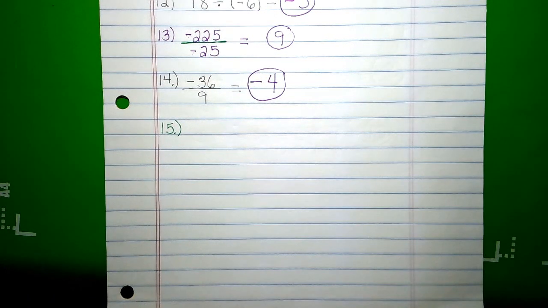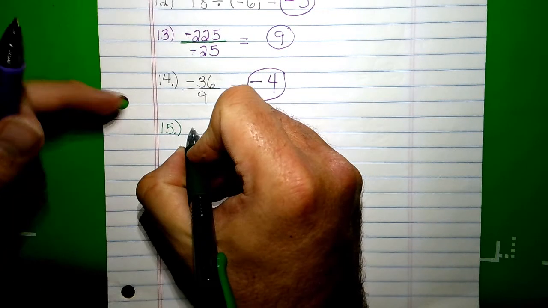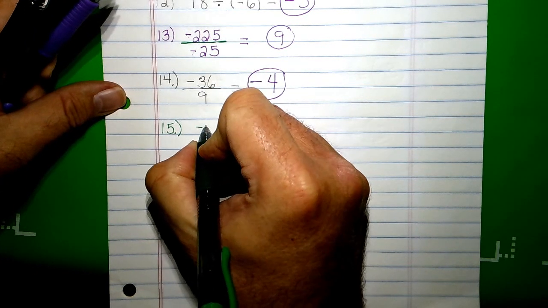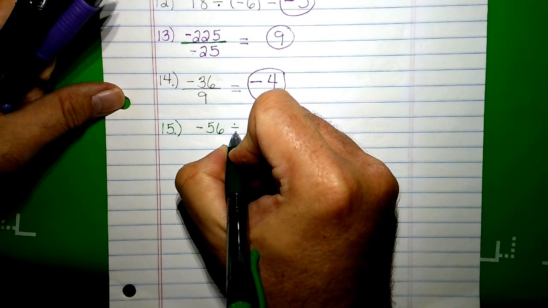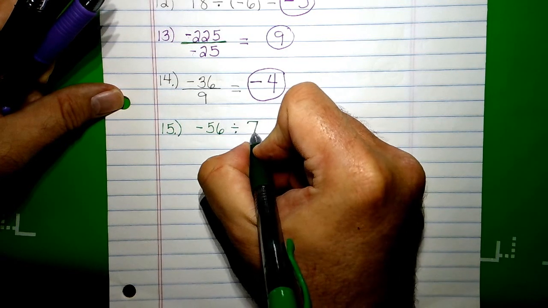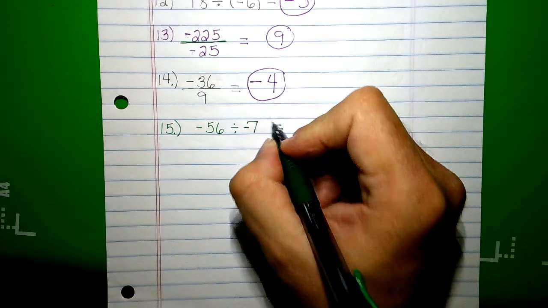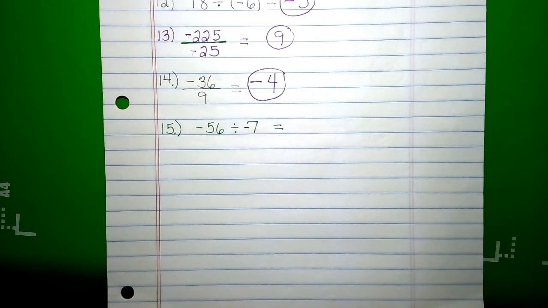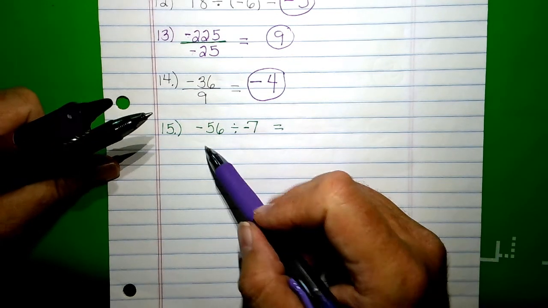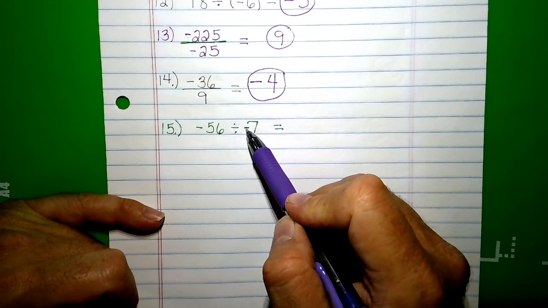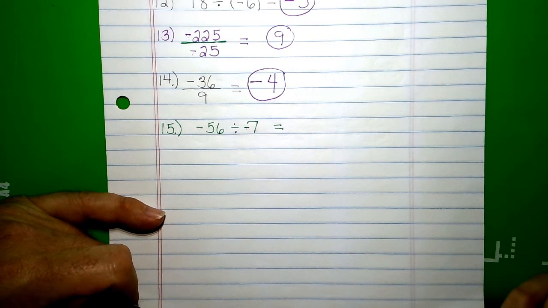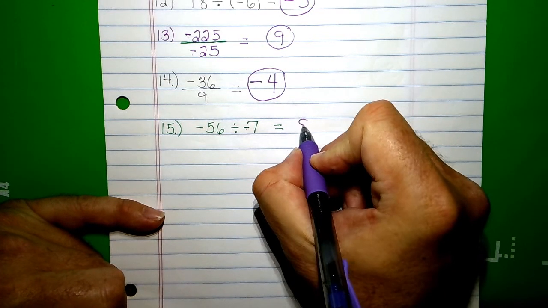So let's see, how about negative 56 divided by a negative 7? Negative 56 divided by negative 7. What's the answer going to be? Positive or negative? Well, negative divided by negative is positive. 56 divided by 7 is 8.